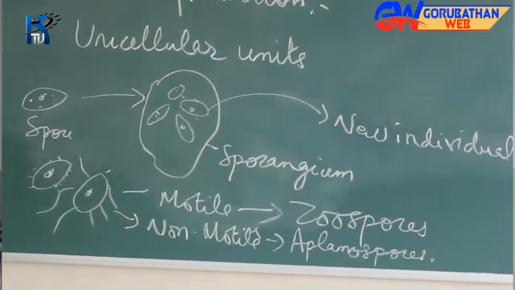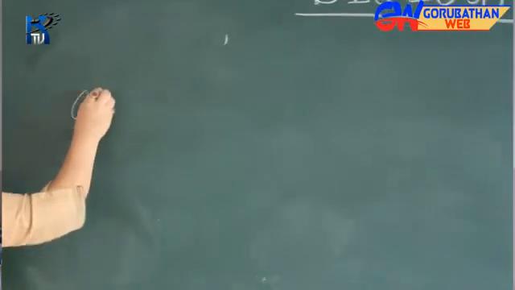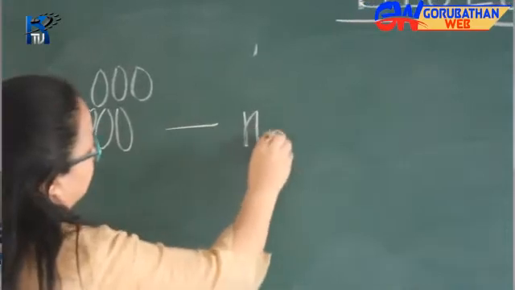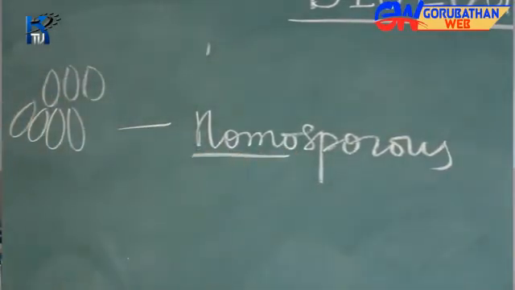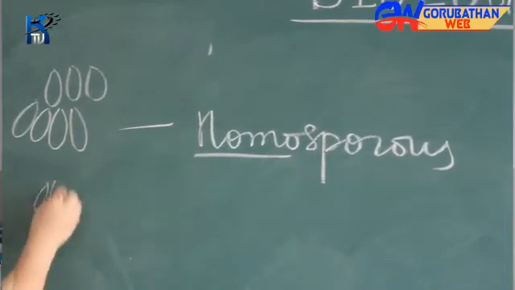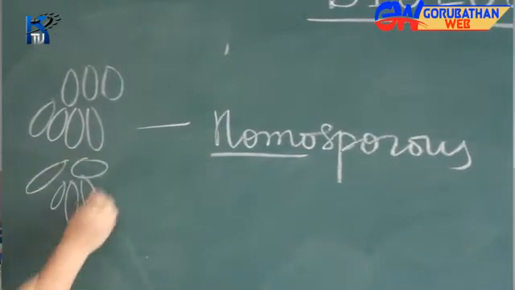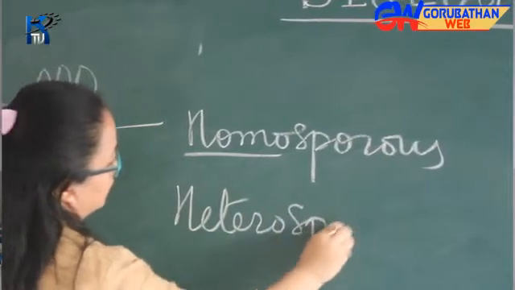So sometimes there are similar type or dissimilar types of spores. When the spores are similar type, then it is called homosporous. Homo means same. And if the spores are dissimilar type, then those spores are called heterosporous.